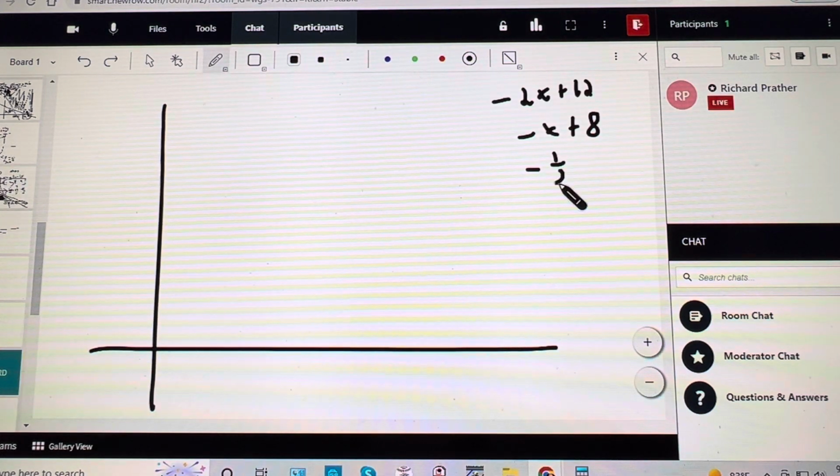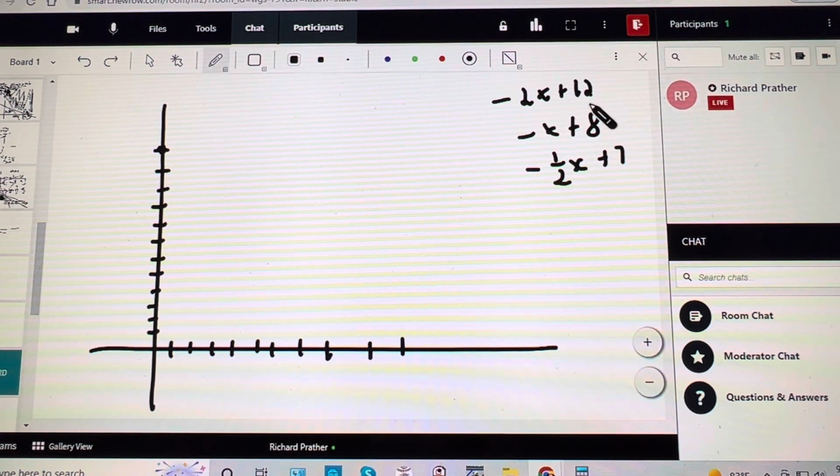These are the 3 equations. Solve for y. So 1, 2, 3, 4, 5, 6, 7, 8, 9, 10, 11, 12. I'm going to try to do each of these at the same time. 1, 2, 3, 4, 5, 6, 7, 8, 9, 10, whatever.